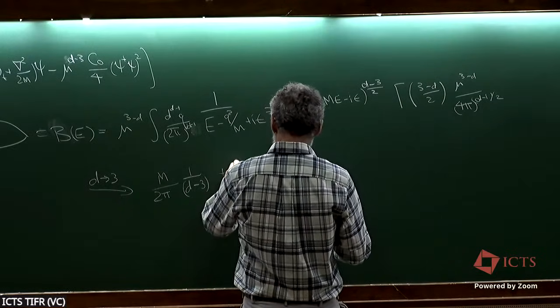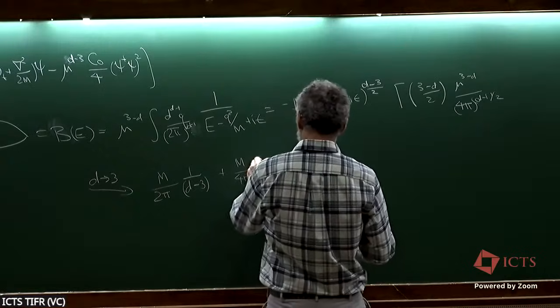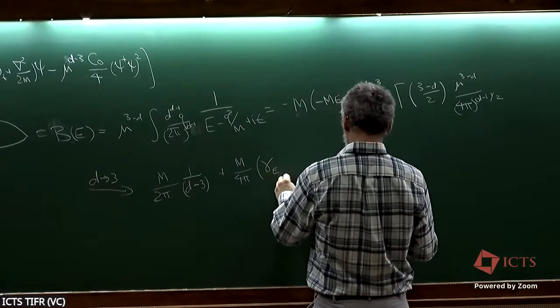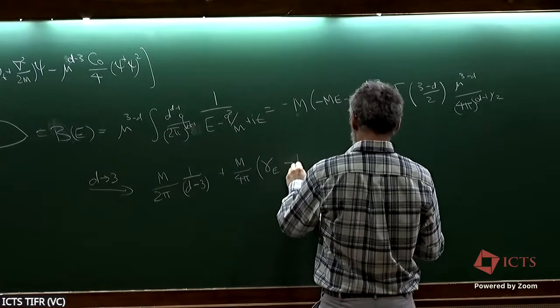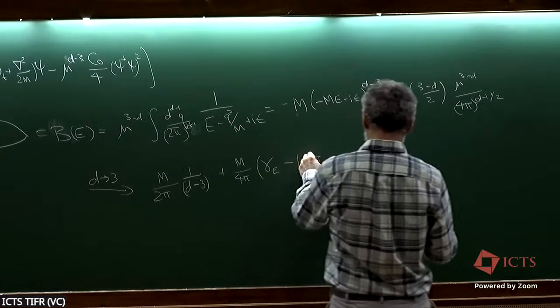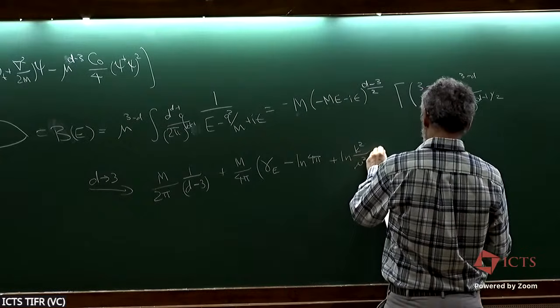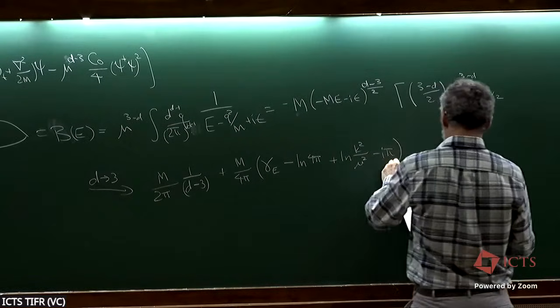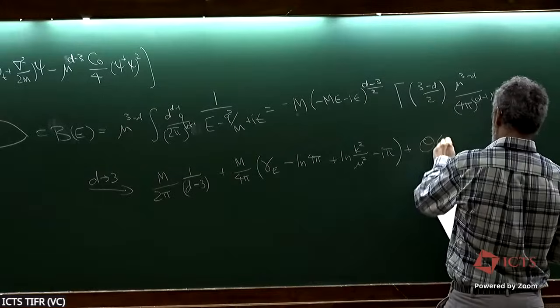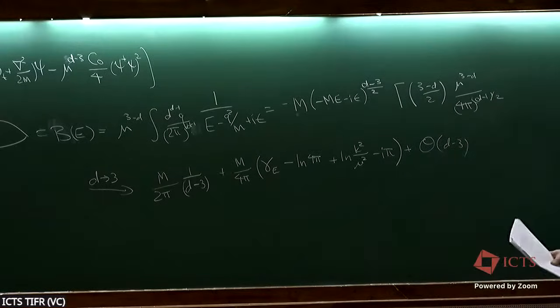plus M over 4 pi times gamma, the Euler gamma constant, minus log 4 pi plus log of k squared over mu squared minus i pi, plus order d minus 3, which vanishes.